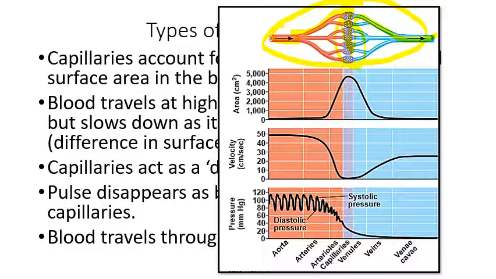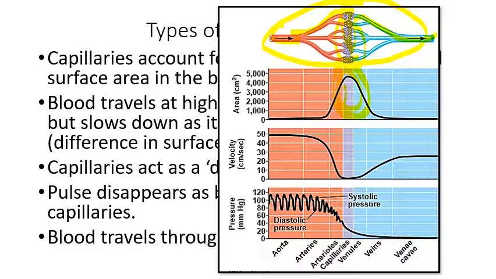In fact, if you add up all the area in the body that's taken up by arteries versus veins versus capillaries, you'll see that most of the area of the blood vessels in the body is taken up by capillaries. By the same token, most of the blood in the body at any given time is flowing through capillaries, not arteries and veins.